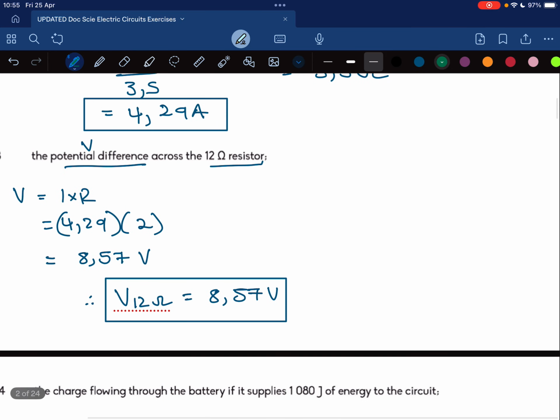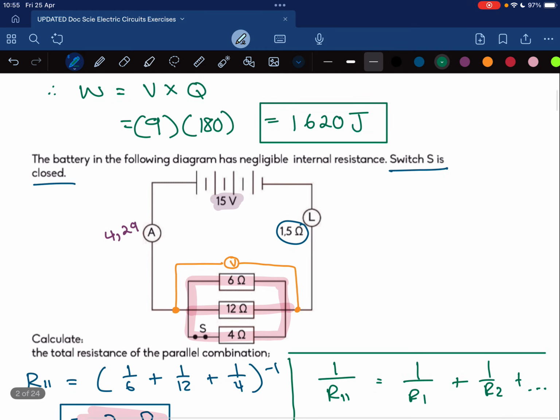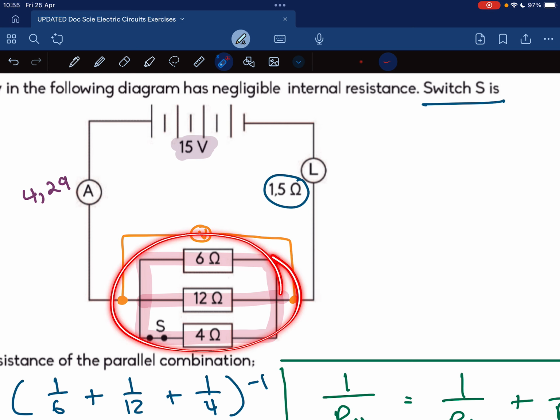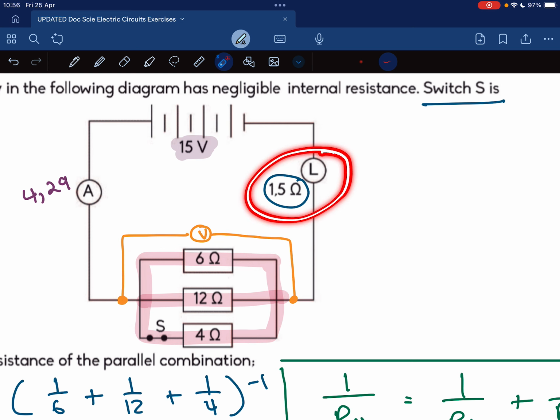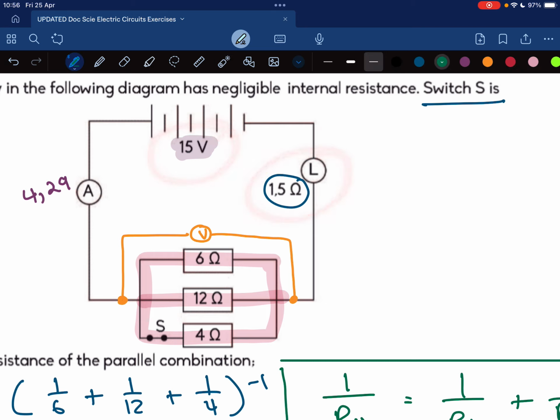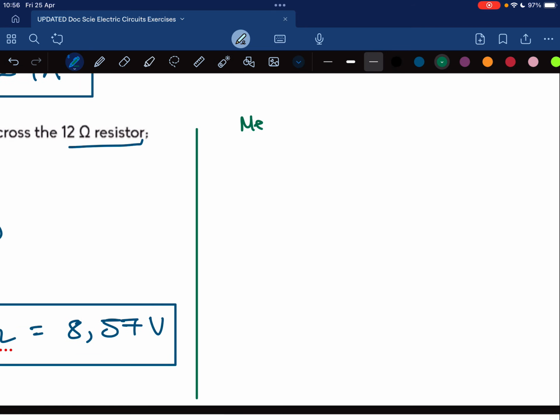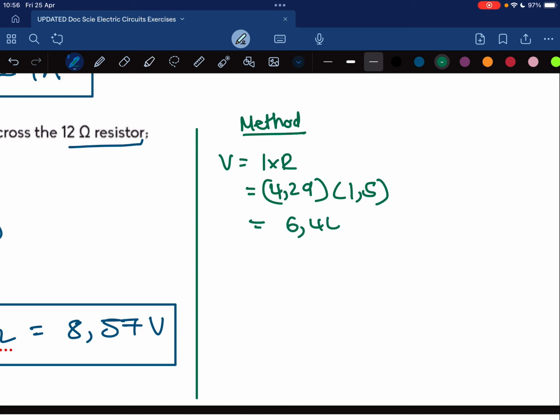An alternative method that you could have used, which is also acceptable, is that in order to calculate the voltage across this here, I can calculate the voltage through the lamp and just subtract it from the 15. That is also fine. So if you did that method, you would have first found the voltage across the lamp, which would have been the total current times the resistance of the lamp, which was 1.5, and you would get 6.44.